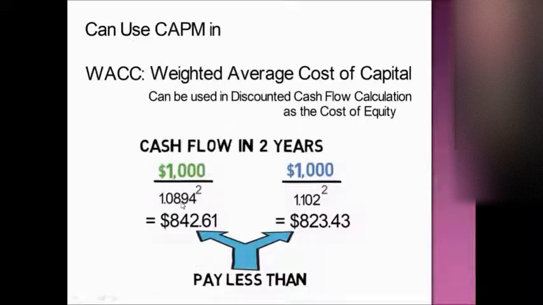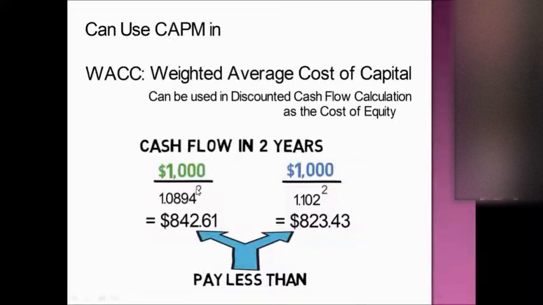So 8.9%, if you're going to convert that into decimal, that would give you 0.089. Why 4? Kasi actually when you compute that, may remainder pa na 4. So binuo lang natin dito. So that would give you 1.0894.